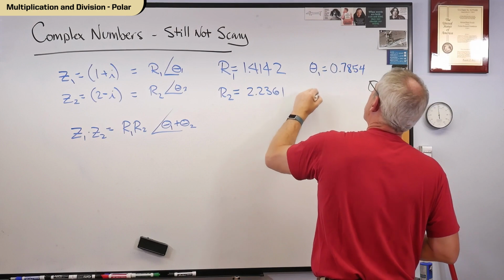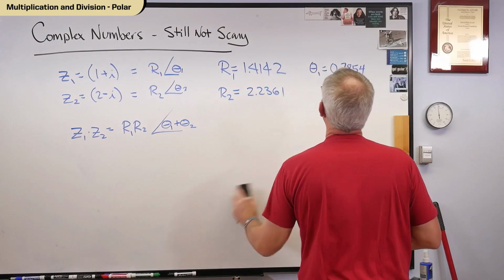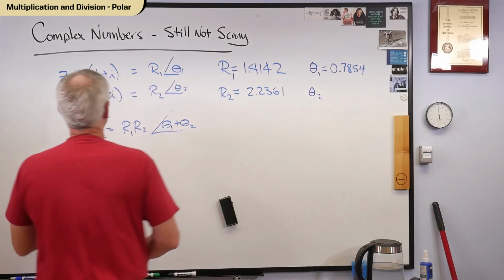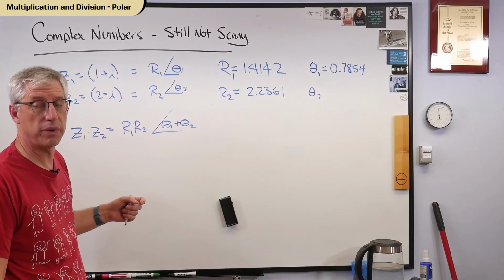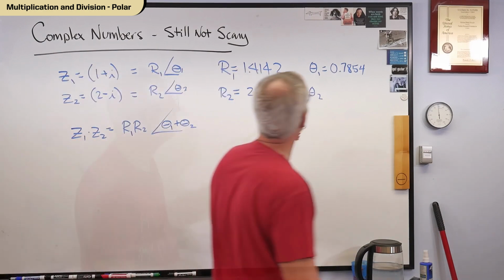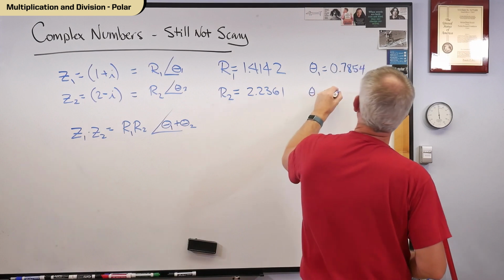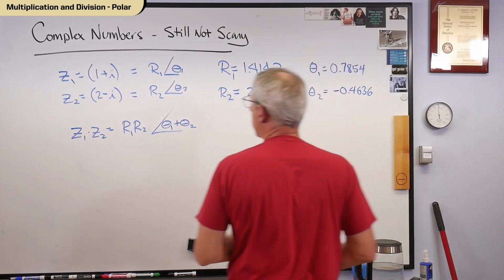And theta 2 is going to be a negative number. The reason it's going to be a negative number is that the vertical component, the imaginary part, is negative, so it's going to be below the horizontal axis, as I drew before. So for theta 2, we're going to get minus 0.4636 radians.